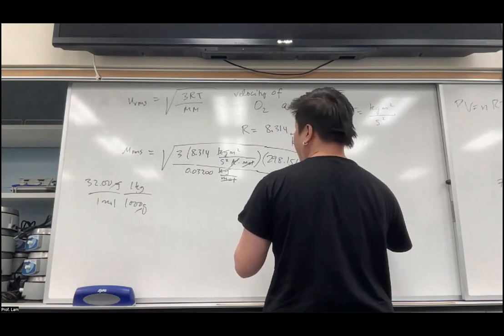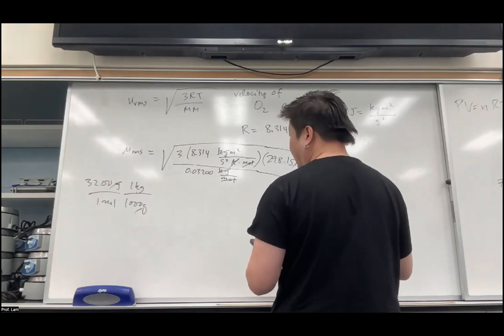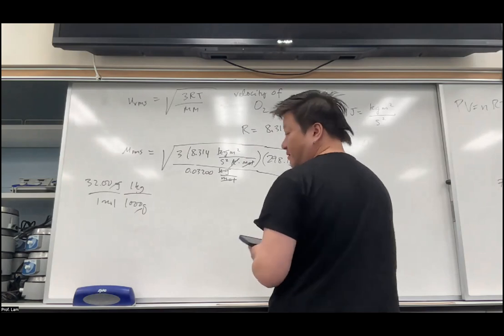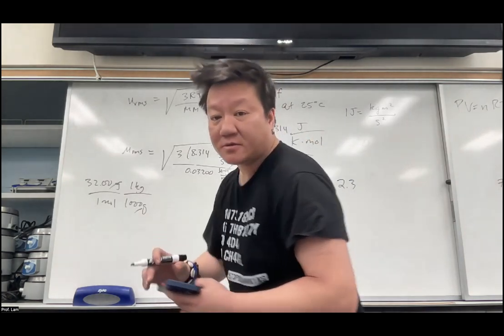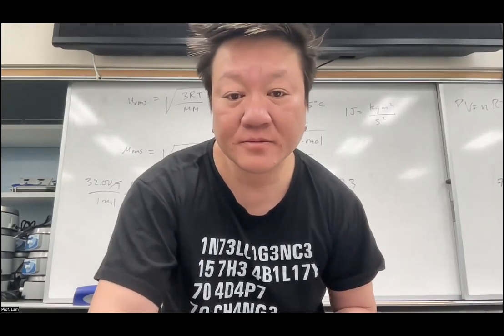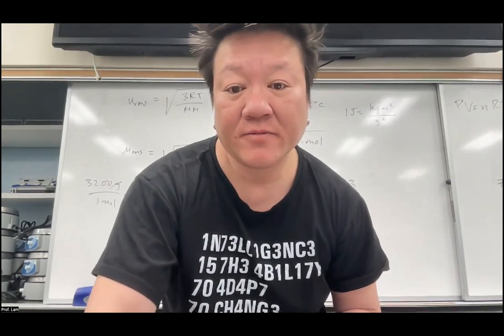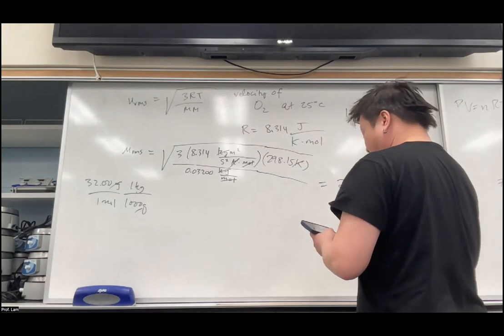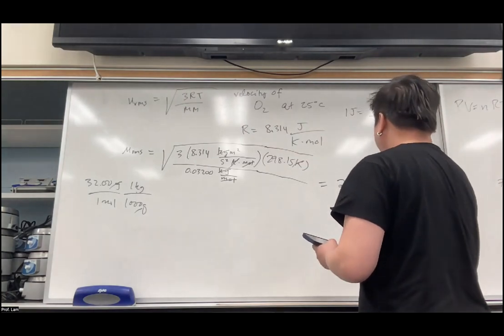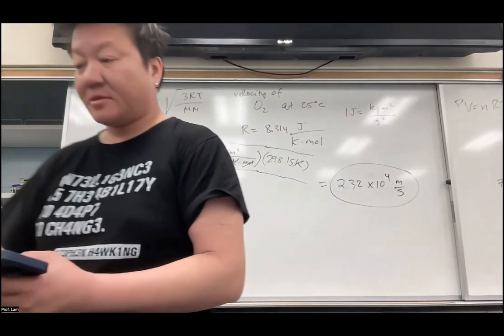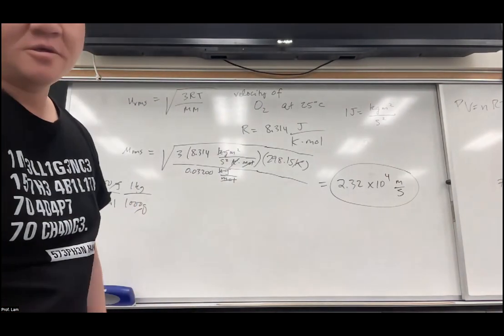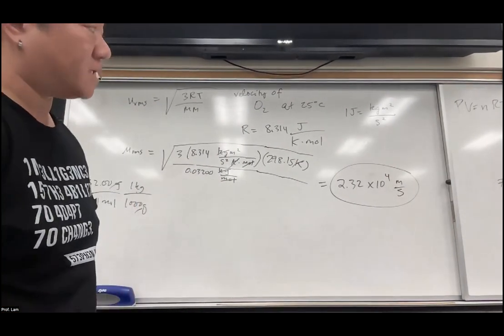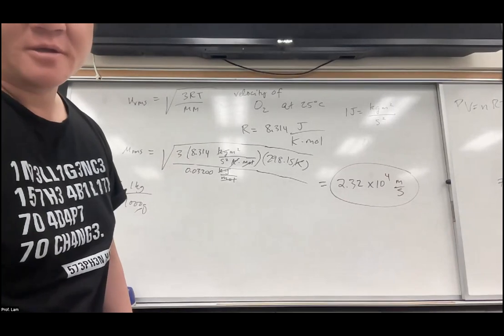I think we use 3 sig figs for this. Yep. So 2.32 times 10 to the 4th meters per second. 232,000 meters per second. Okay.